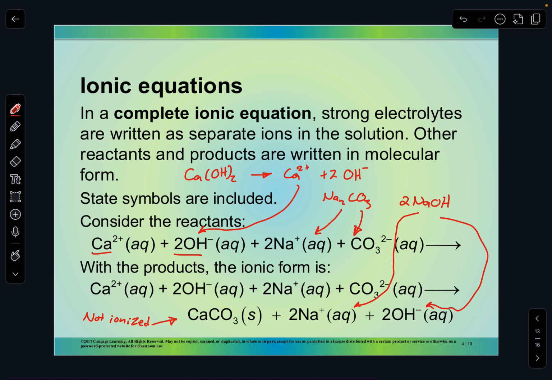That's because CaCO3 is a weak electrolyte because it does not ionize that well. And so it's not going to ionize, and that's why we put an S. It's going to be a solid in solution. It's going to be insoluble.